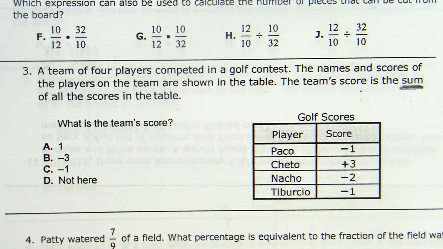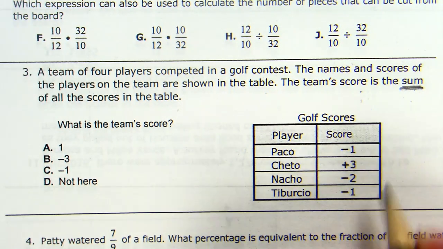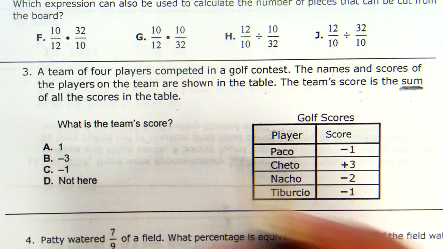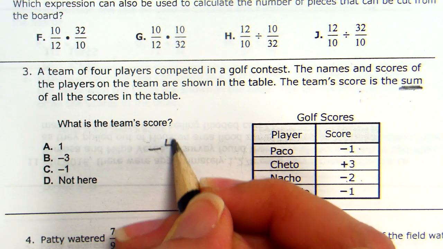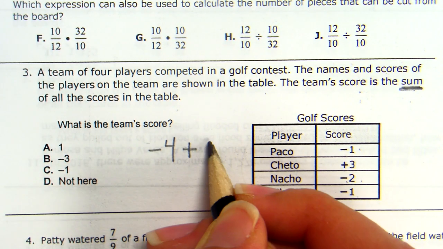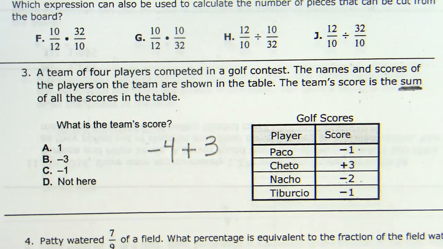You can either add all the negatives on one side and the positives on the other side, and then make the last addition, or you can go 2 numbers at a time. For me, it's easier if I add all the negatives on one side. So 1, 2, 3, 4, -4 plus +3. Write that down and go to number 4.